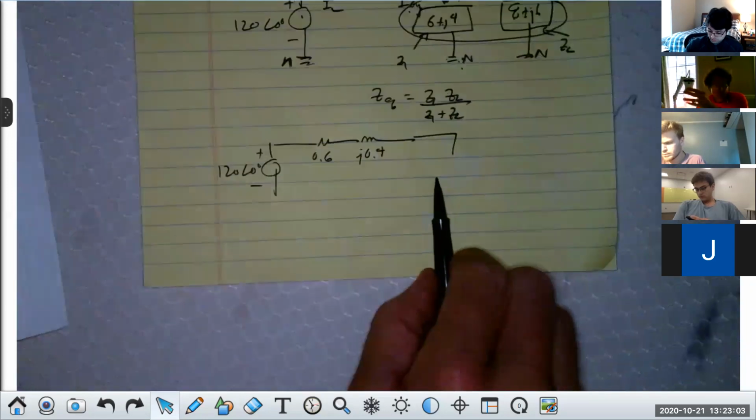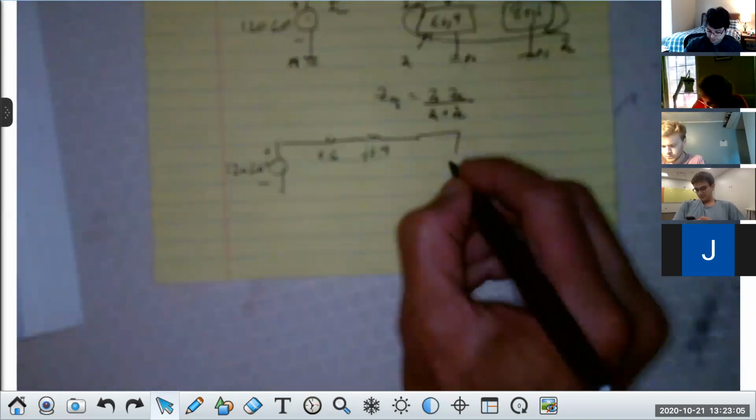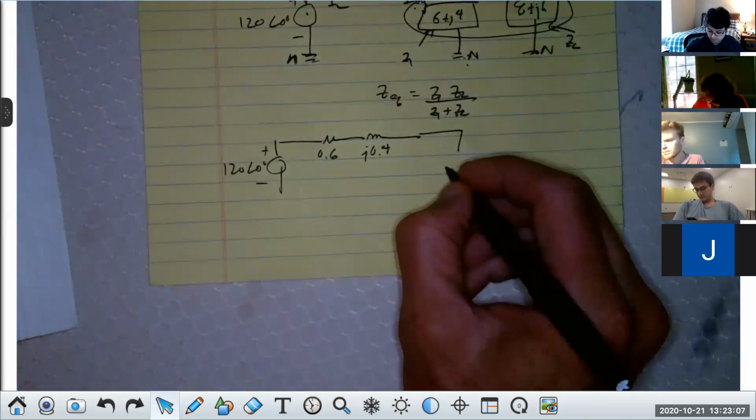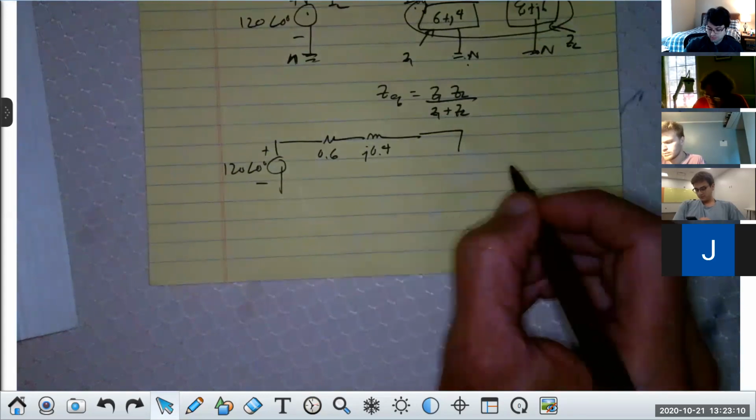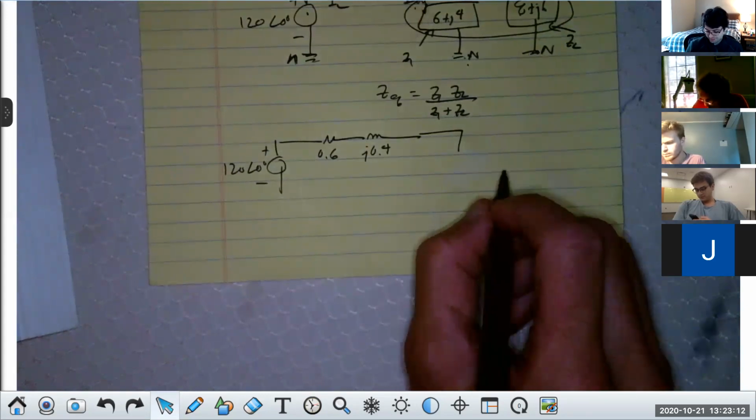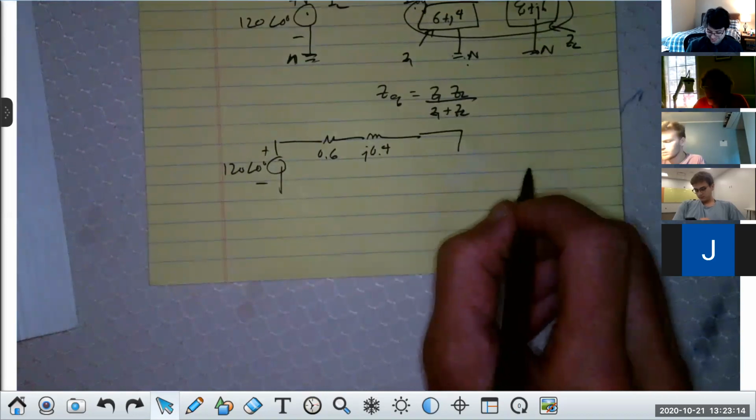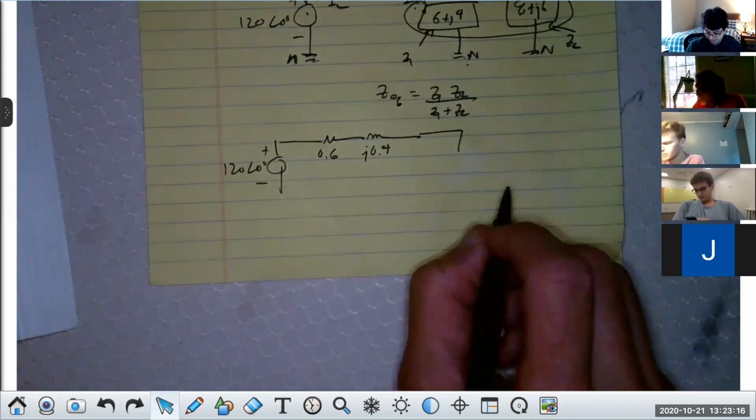So 48 plus 24J over. No, I need the real part and then the imaginary part. I know how to do the equation. Anybody?